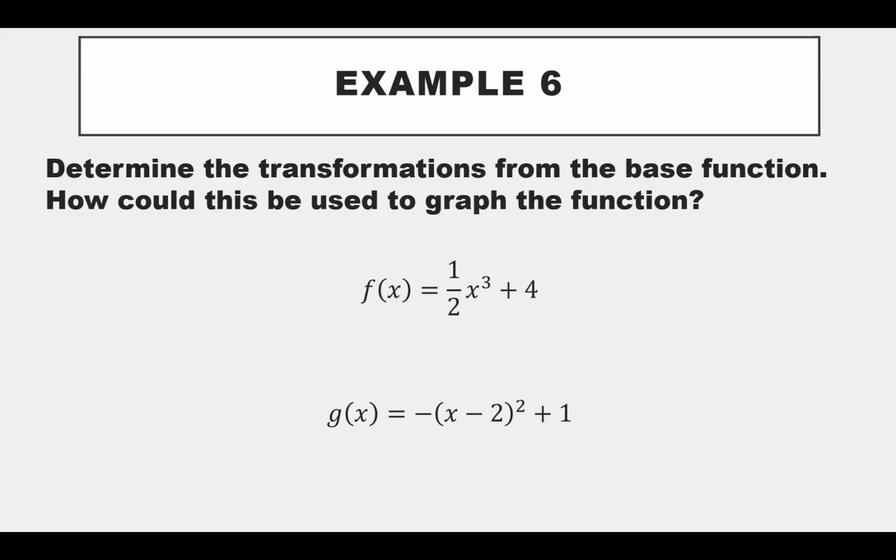And then ask ourselves, how could we use the idea of transformations to graph this function? The first function I have is 1/2 x to the third plus 4. The second function I have, g of x, is negative quantity x minus 2 squared plus 1.